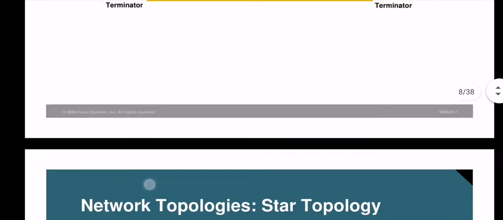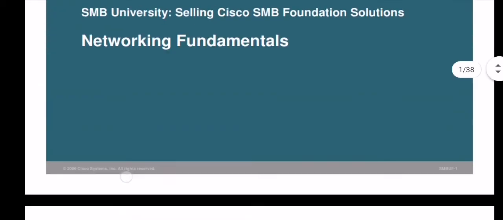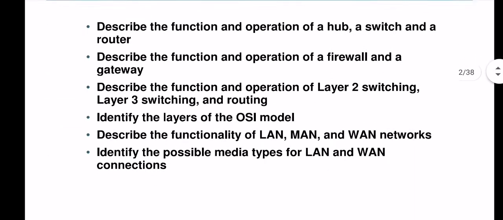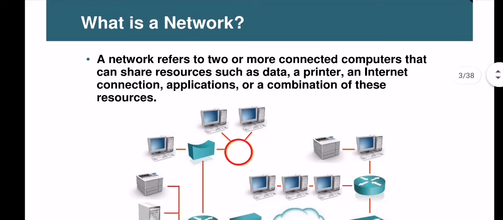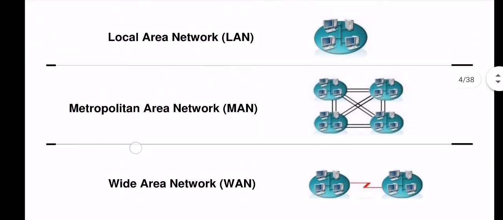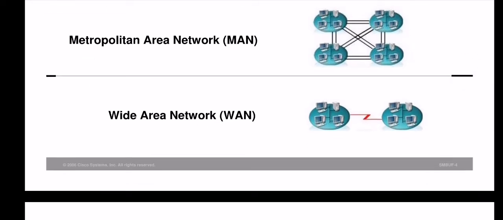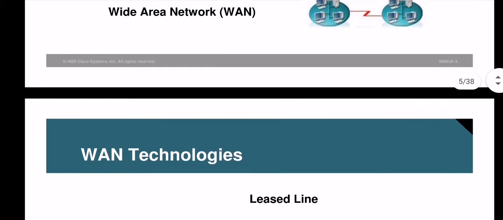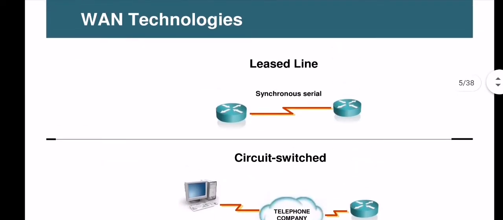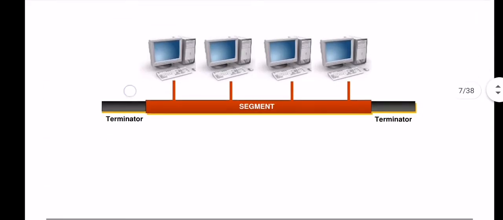So here we have a very nice explanation about all of the basics, the topologies. They go from all the fundamentals of what is a network, multiple devices interconnected and the combinations of them, what's a local area network, metropolitan area network, which is just multiple devices connected in a campus, wide area network, which is multiple campuses connected in between over larger distances, WAN technologies, what's a leased line, which is a serial based line.